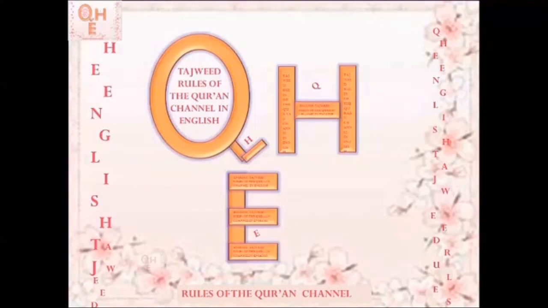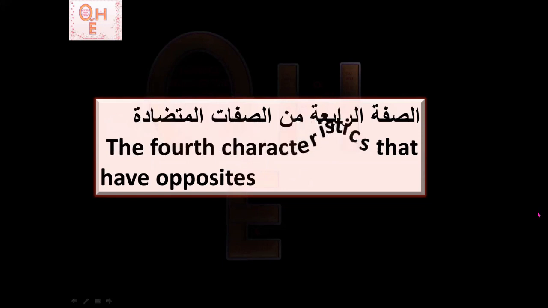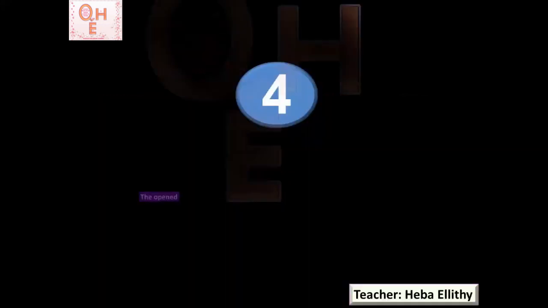We finished in our last classes الجهر والهمس, and we finished الشديد and البيني and الرخو, and we finished الاستعلاء والاستفال. Today inshallah we will talk about a new characteristic which is opposite of the other one, which is الإطباق, opposite of الإنفتاح.